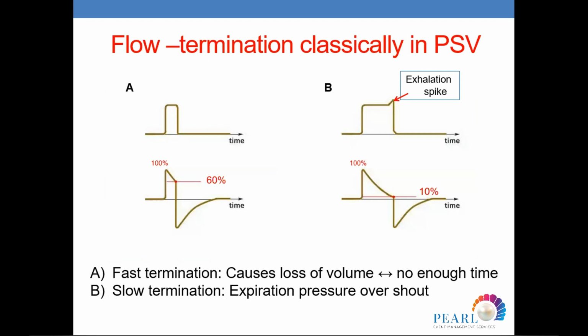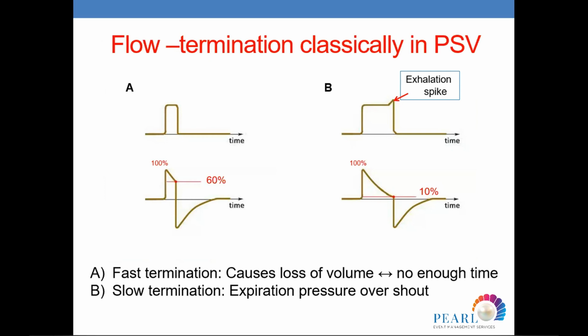We discussed the flow termination in the PSV. We said if it is terminated very early, again you lose time, you lose volume. And if you make it very short, meaning it's very delayed at 10%, what will happen?